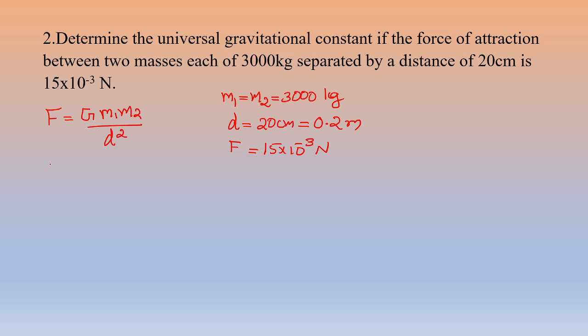Since we have to find the value of capital G, from the formula capital G is equal to F d square divided by m1 into m2.